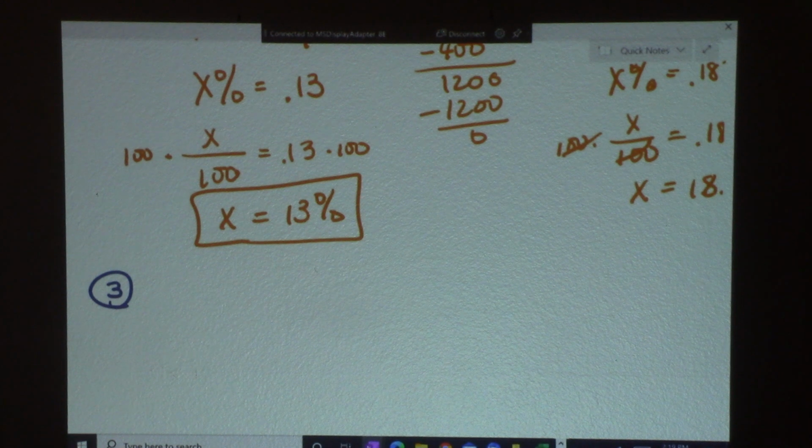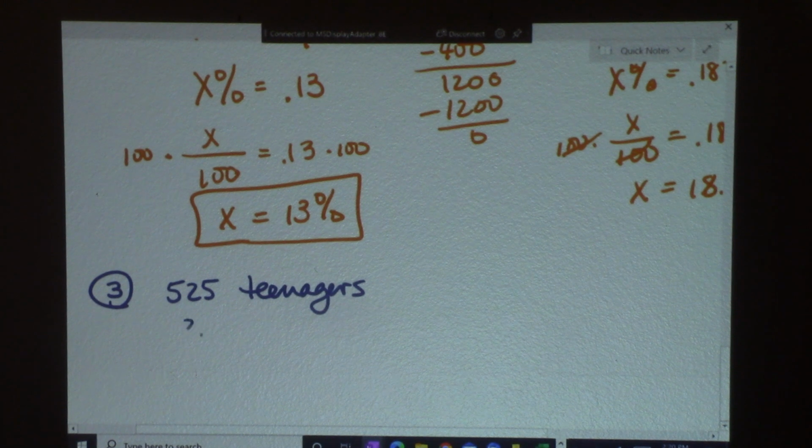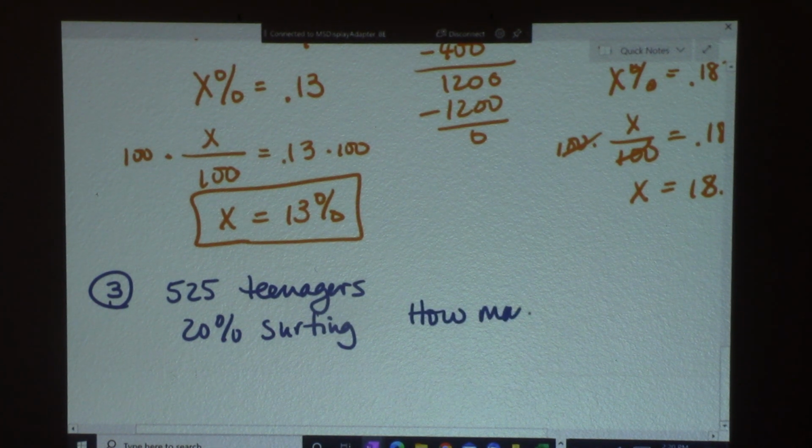together. Okay, so the question is, we have 525 teenagers, and 20% want to try surfing. And the question is, how many teenagers is that?